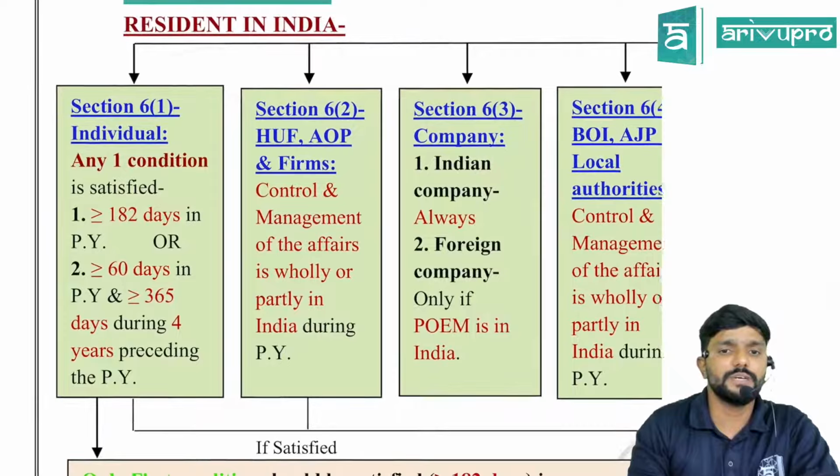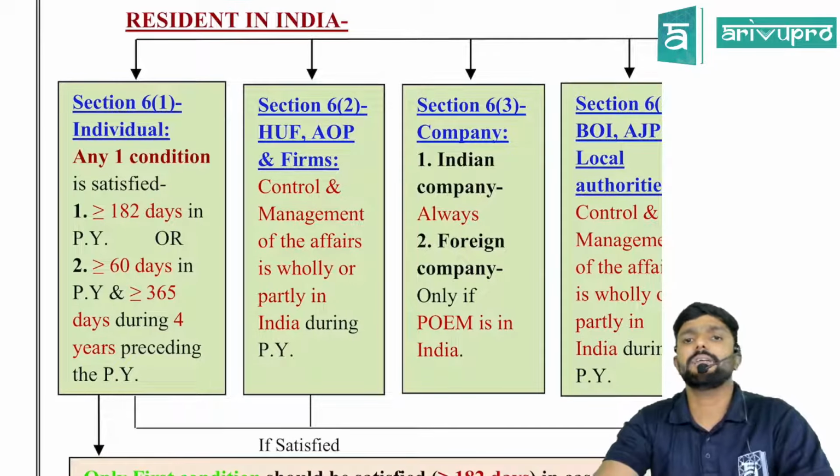6.1 for an individual: if any one condition is satisfied, they will become resident.